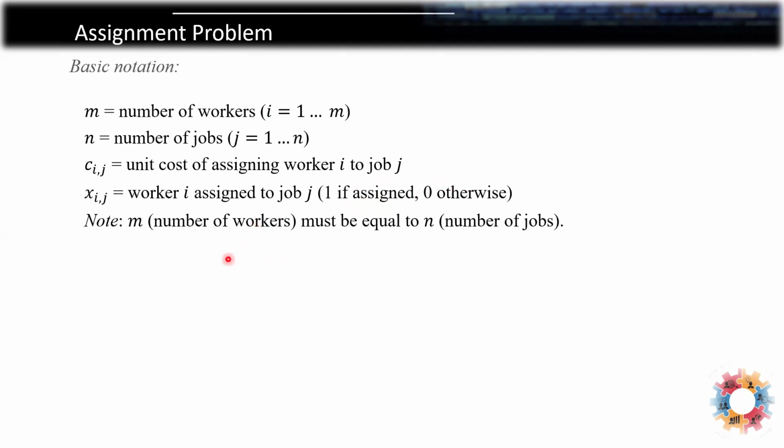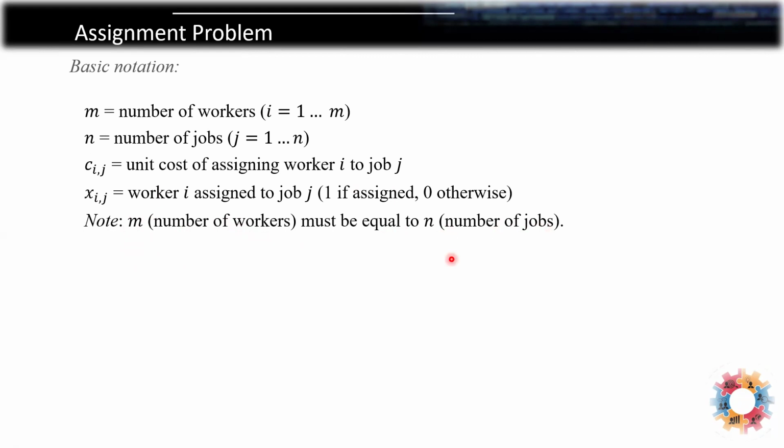Now, the assignment problem may have two types. It could be balanced or unbalanced. Now, it is a balanced problem if the number of workers is equal to the number of jobs.